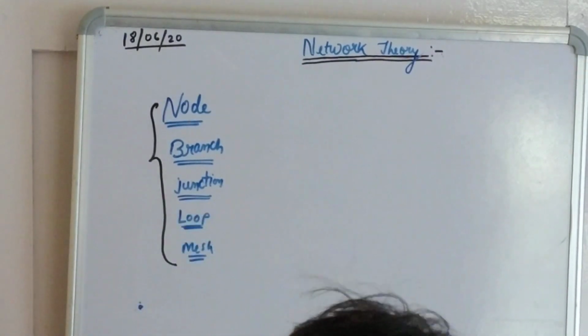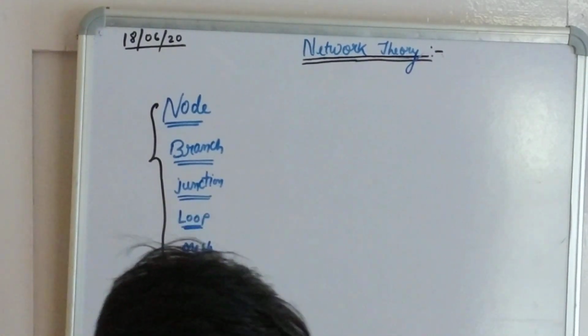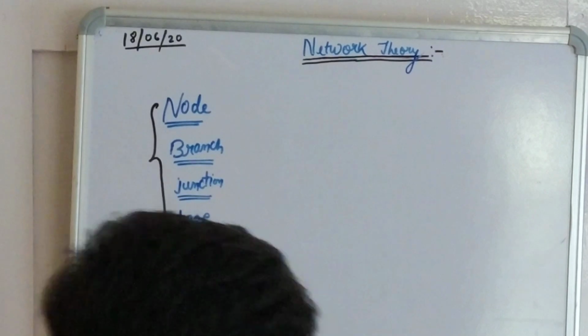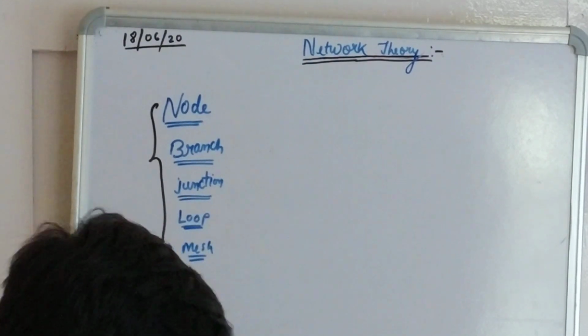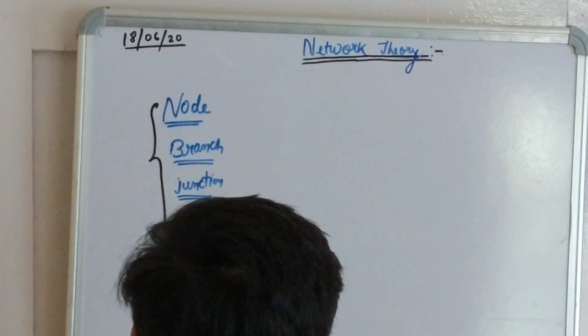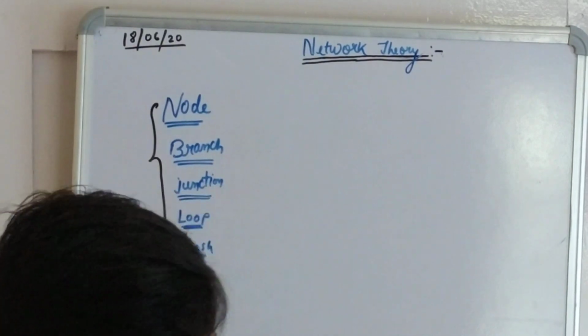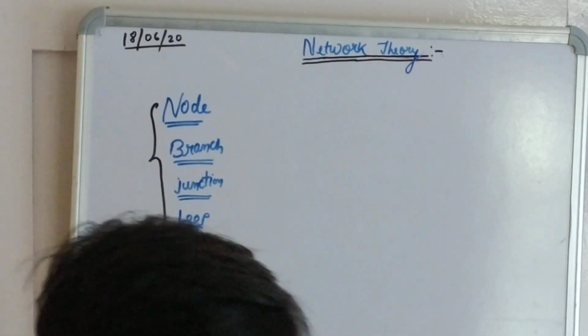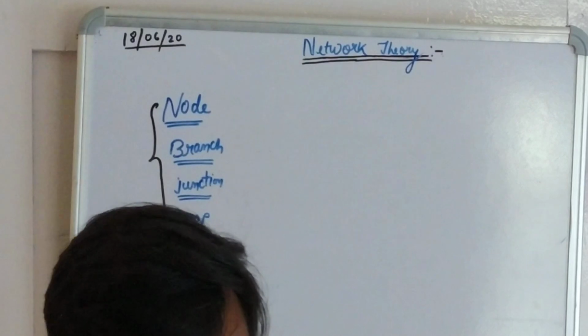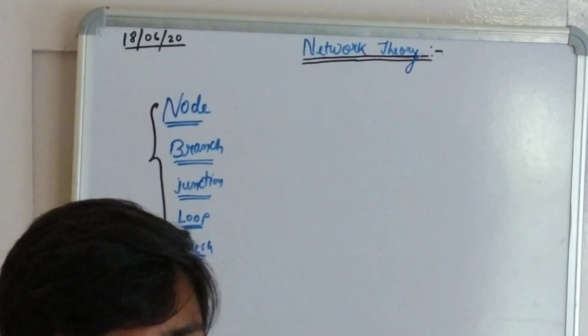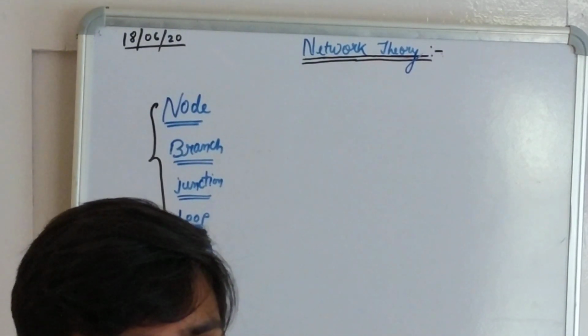Now, what is a loop? Loop is basically, if we start at a point and end at the same point, then it forms a closed path, which is known as a loop.